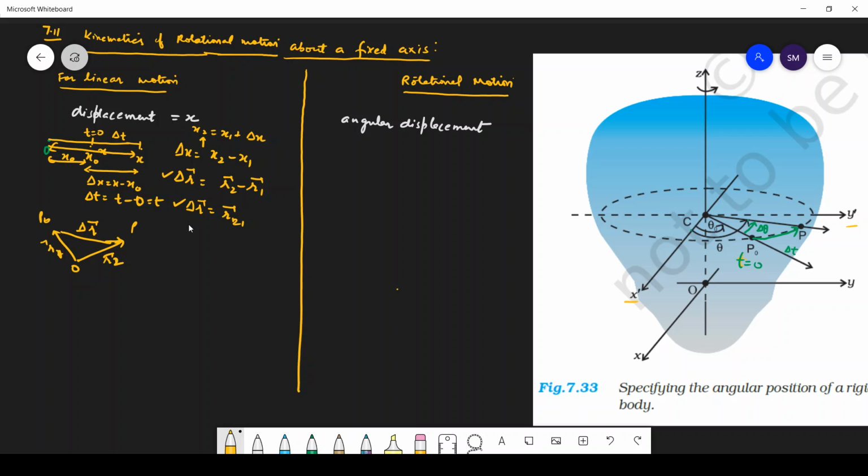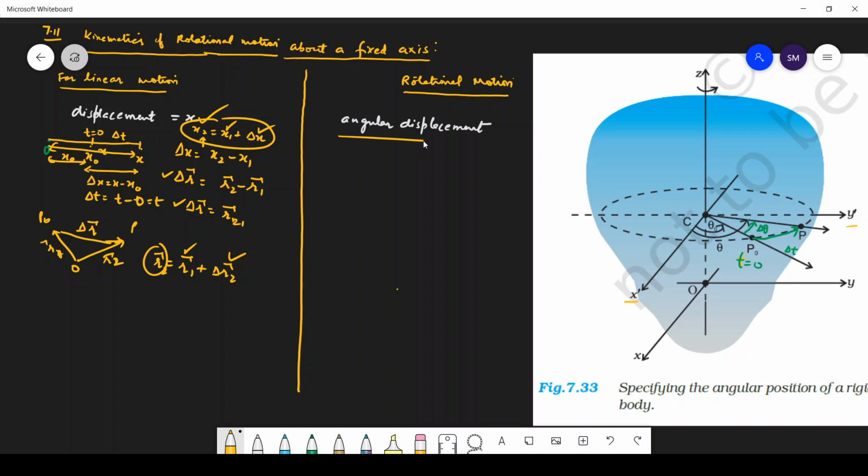Here you can clearly see by triangle law that r2 is equal to r1 plus delta r. So that's how we write the final position: the final position is equal to the initial position plus displacement. So these are all the ways we write displacement.